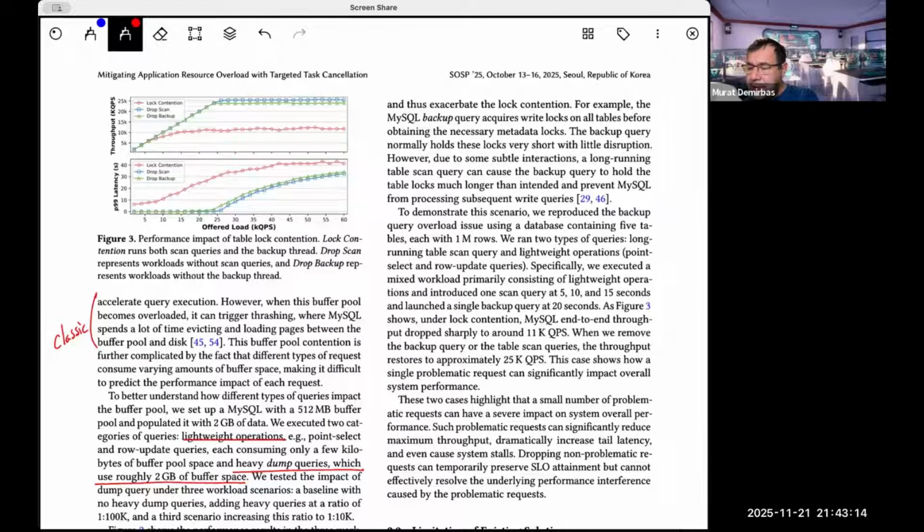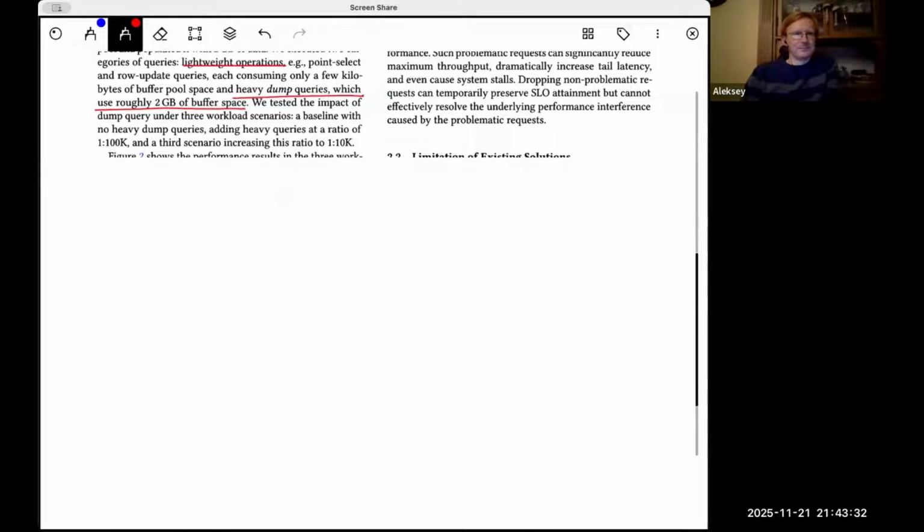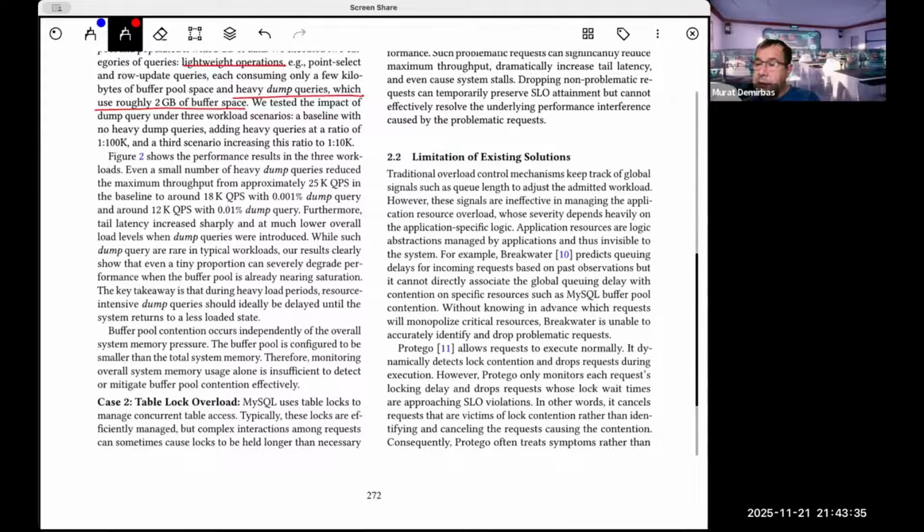We tested the impact of dump query under three workload scenarios: baseline with no heavy dump queries, adding heavy queries at a ratio of 1 in 100K, and the third scenario increasing this ratio to 1 in 10K. Wow, we are really talking about elephants here.